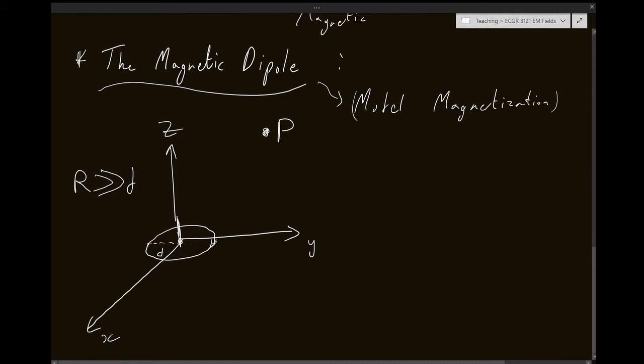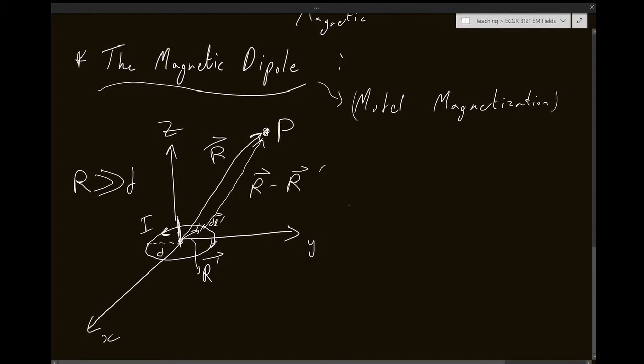The current is flowing this way in the dipole, call it I. We have one element here, dl prime, then we have r hat, and r, and the distance between an element on the loop and the point is going to be r minus r hat.